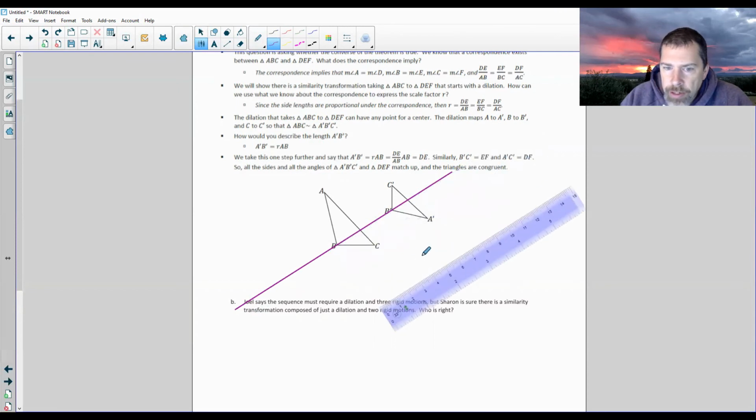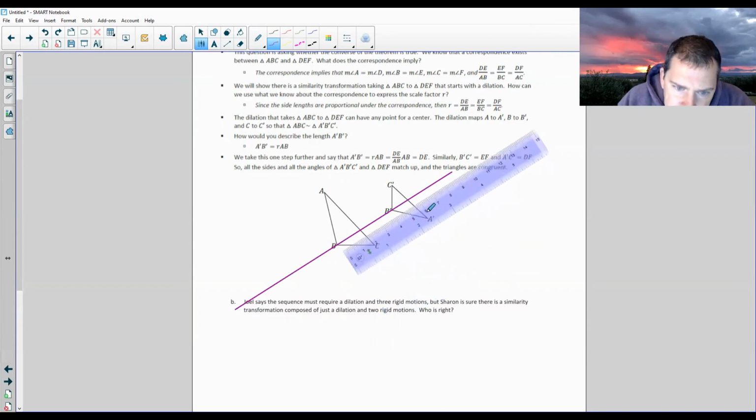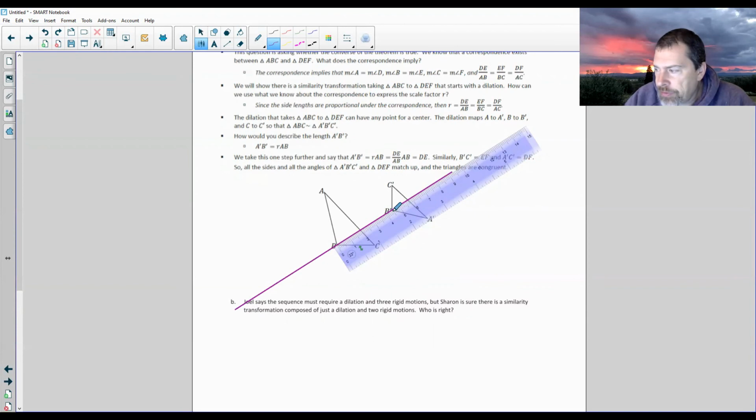Then let's pick a point O that would get that dilation down there. So I need to measure from B to B prime, which is 4.5.